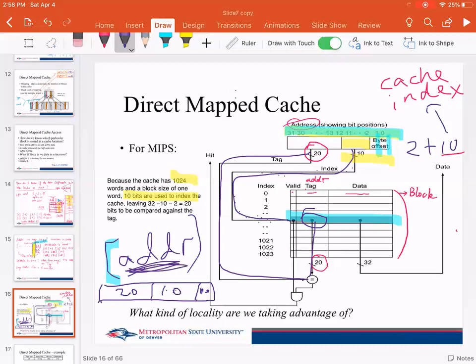If they are the same, that means this is the data you want. They might be different, remember, the apple and the triangle share the same location. But if this tag matches the higher 20 bits of your address, that means this is the data you want, and then you can take the data out from the data location. So this is how we use the direct mapped cache.